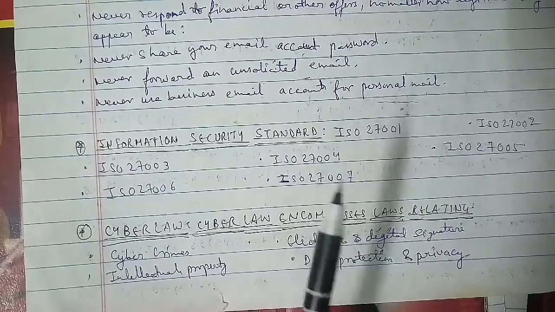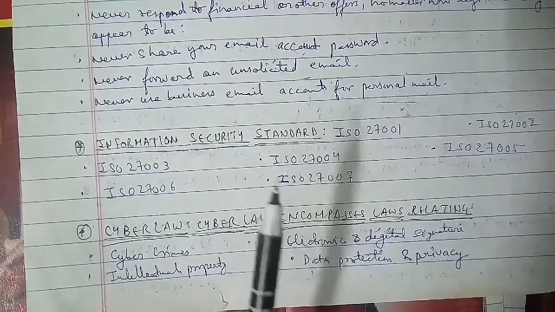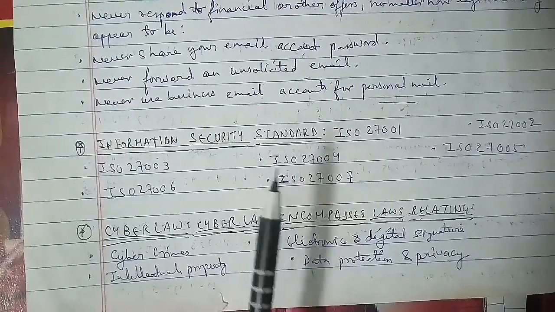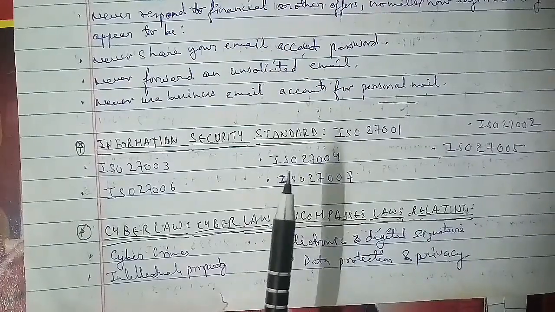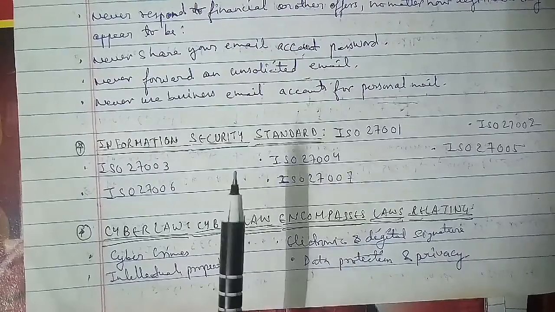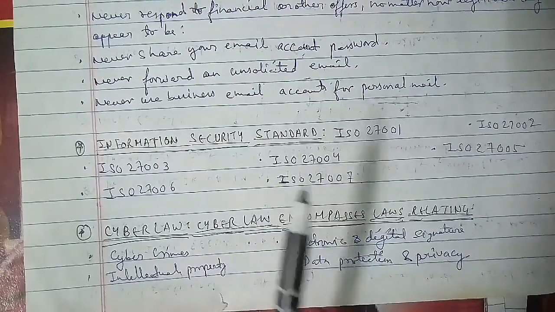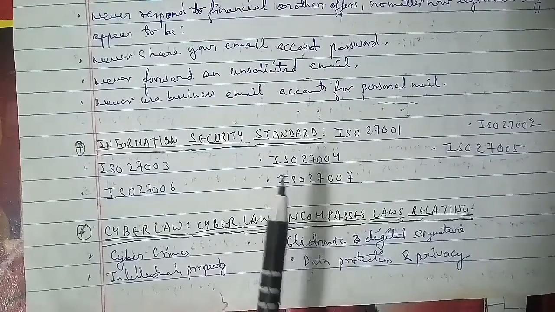Now we'll discuss the information security standards. Before starting, we have ISO 27001, ISO 27002, ISO 27003, ISO 27004, ISO 27005, ISO 27006, and ISO 27007 here.